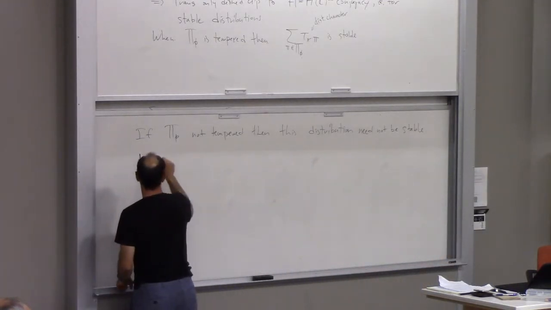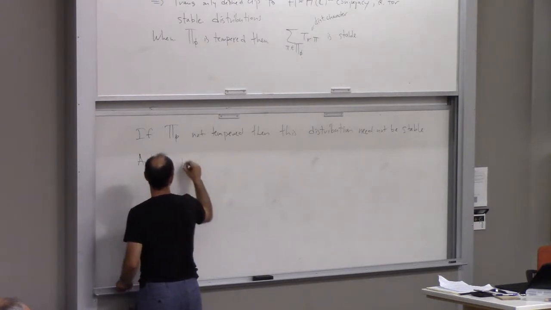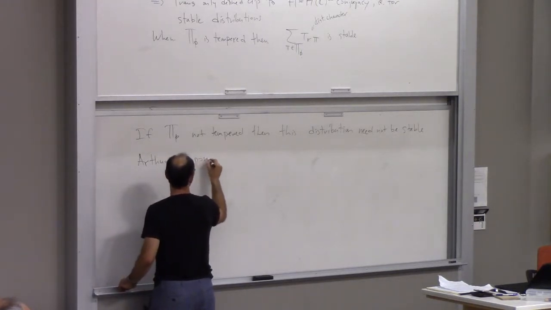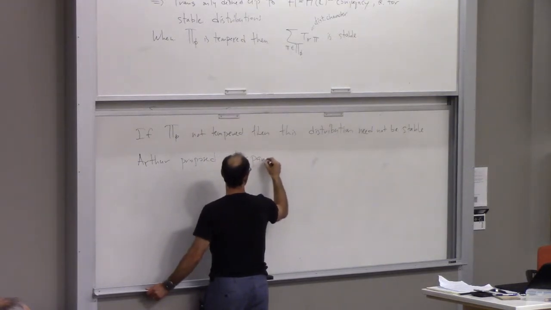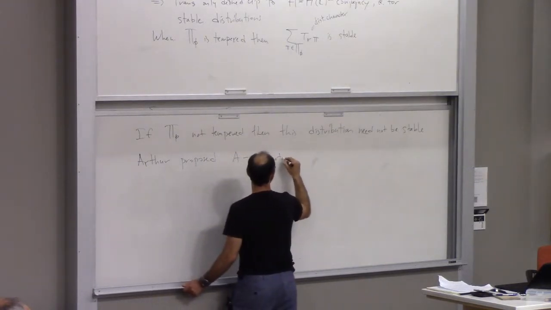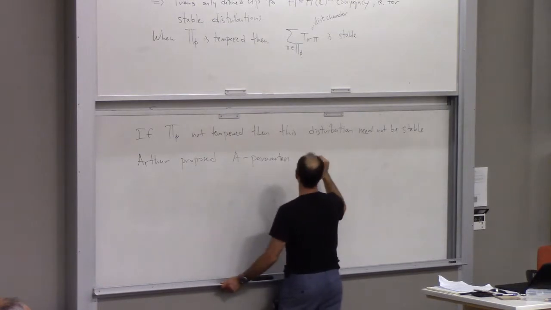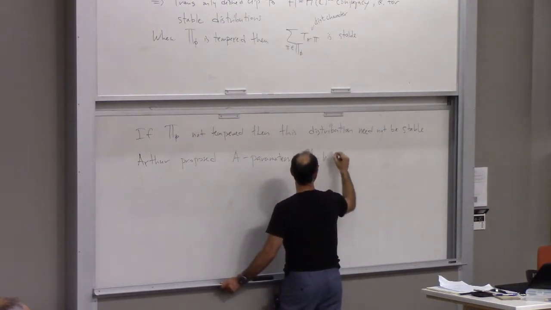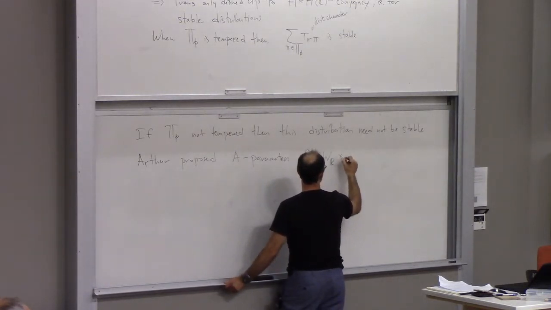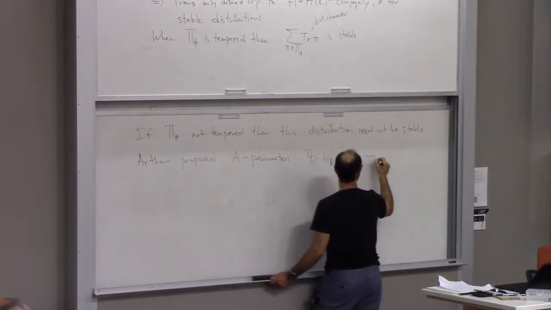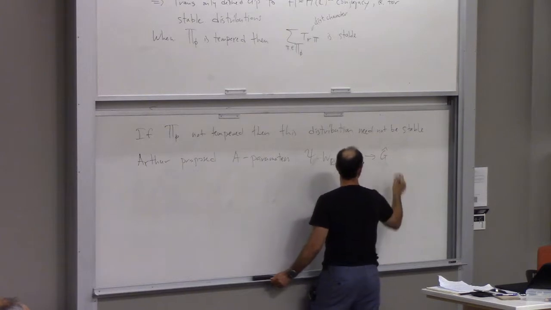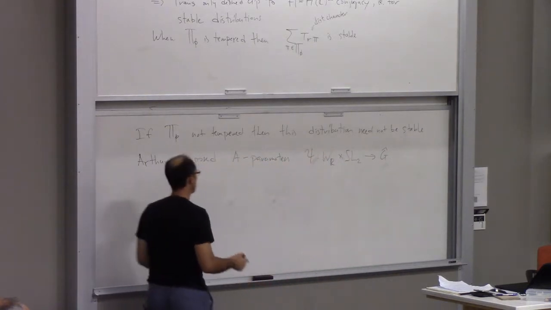Arthur proposed A parameters, some alternative parameters. They look like this. The homomorphisms, again, now we add a copy of SL2 into the dual group, so there are extra conditions on there, skip those.